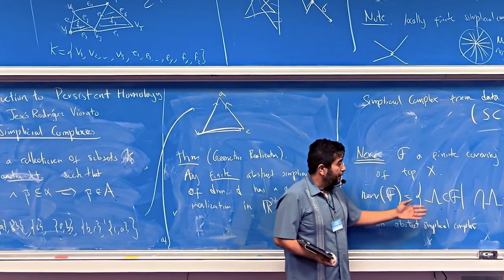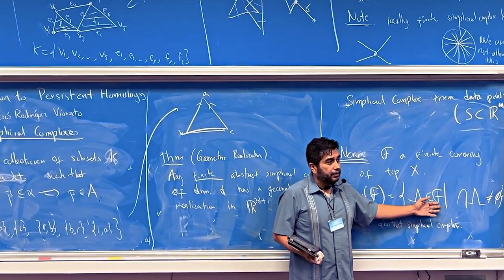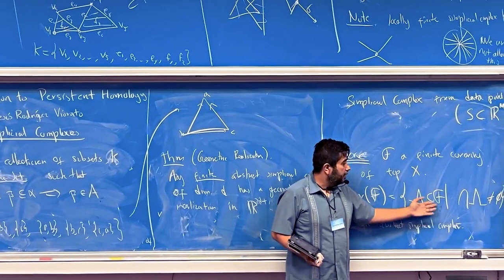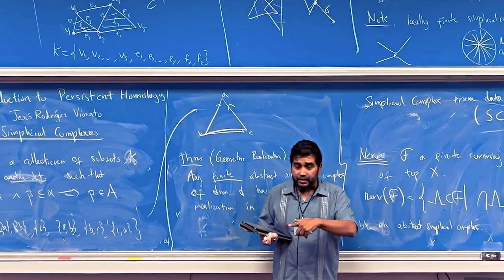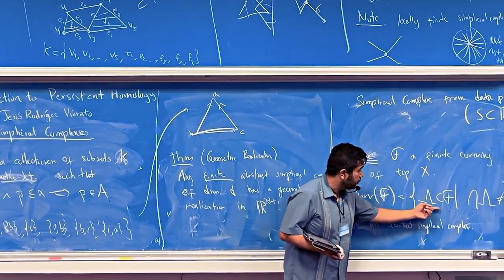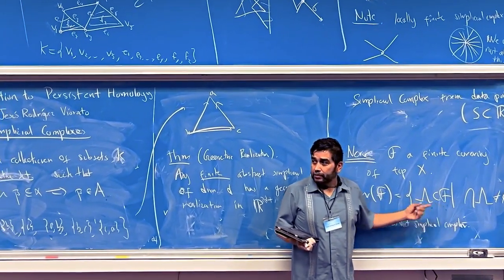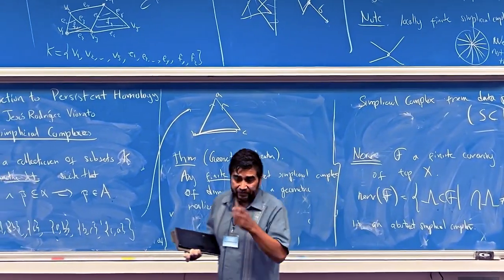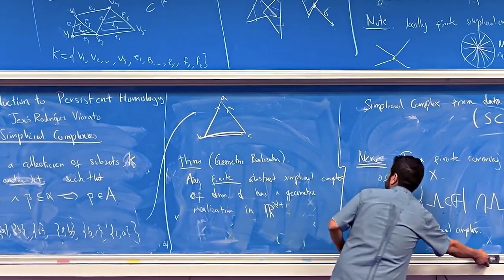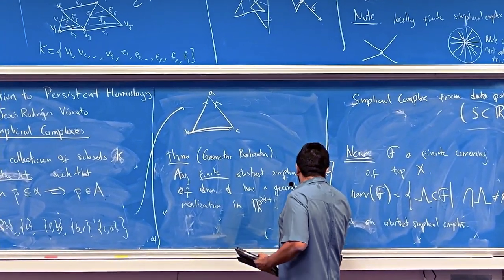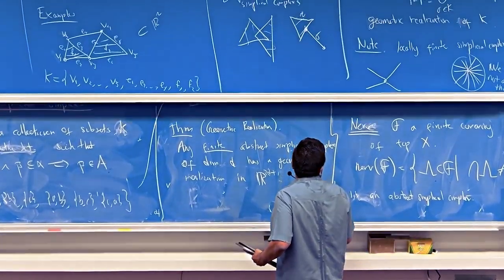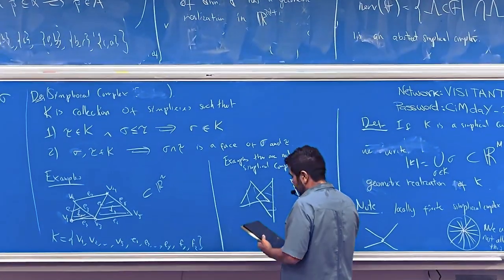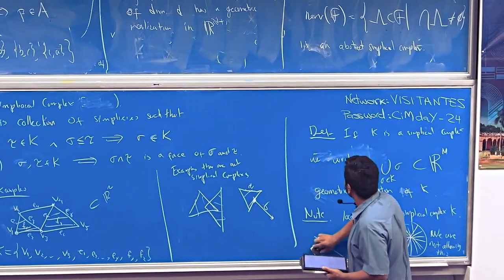The vertices are basically each element of F, and the faces and all the simplexes are constructed as subsets of those, subsets that have non-empty intersection. This is the nerve. So I can give you a drawing of how this nerve looks.